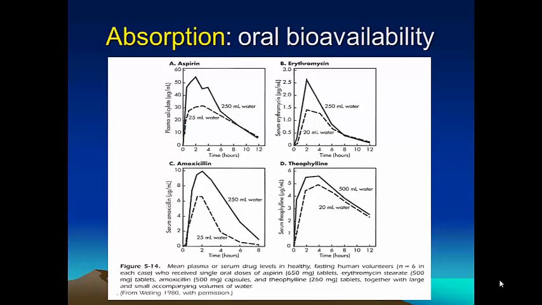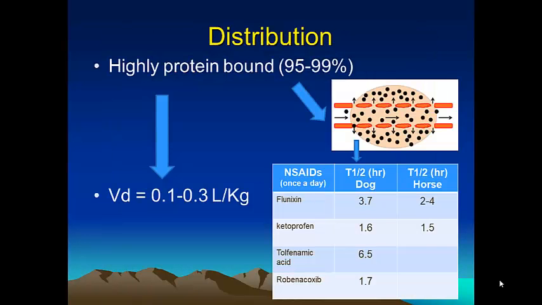Now, the question I was also posing earlier with regard to distribution is how does being highly protein bound affect the duration of action? Well, most of the time when drugs are highly protein bound, they cannot access the interstitial spaces, and they usually have a very low volume of distribution.